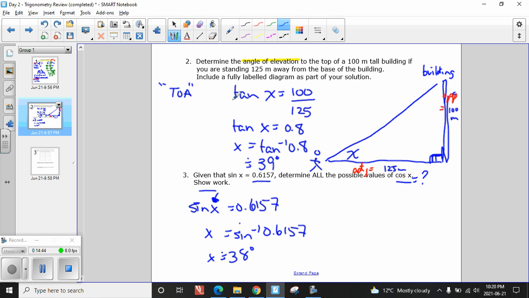And this is find all the possible values of cosine of x, which implies that there might be more than one. So what this is referring to is the quadrant 1 and quadrant 2 triangles. So quadrant 1, here's 38 degrees, drawn in quadrant 1.